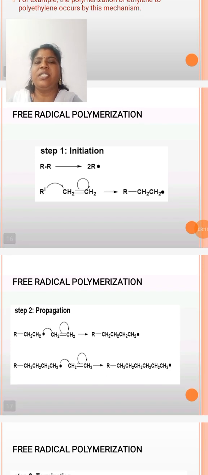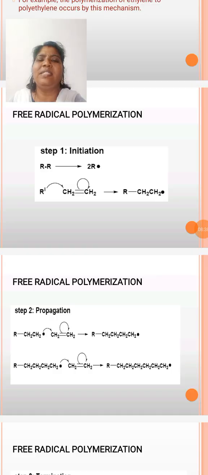In the initiation step, we are having a monomer unit which will split into 2. For example, ethylene, if you have, will split into 2 as CH2 dot. That radical R dot, whatever we are having, will combine with the ethylene molecule to give another radical.